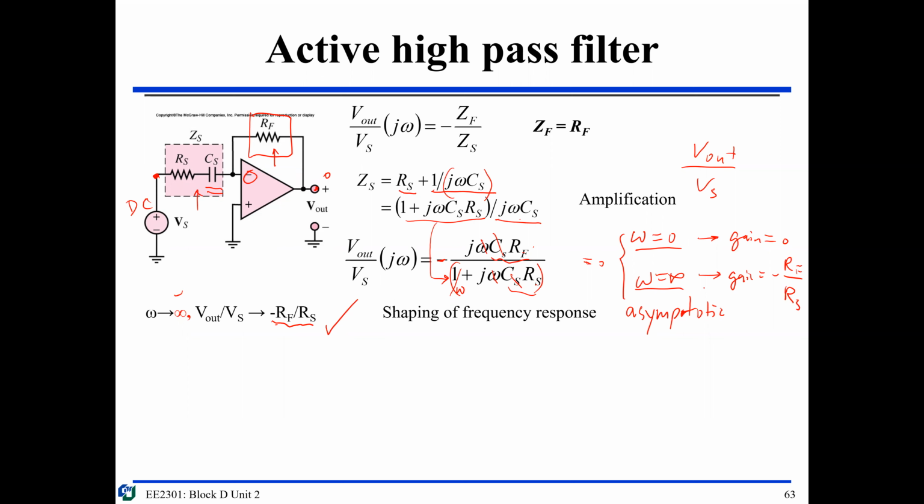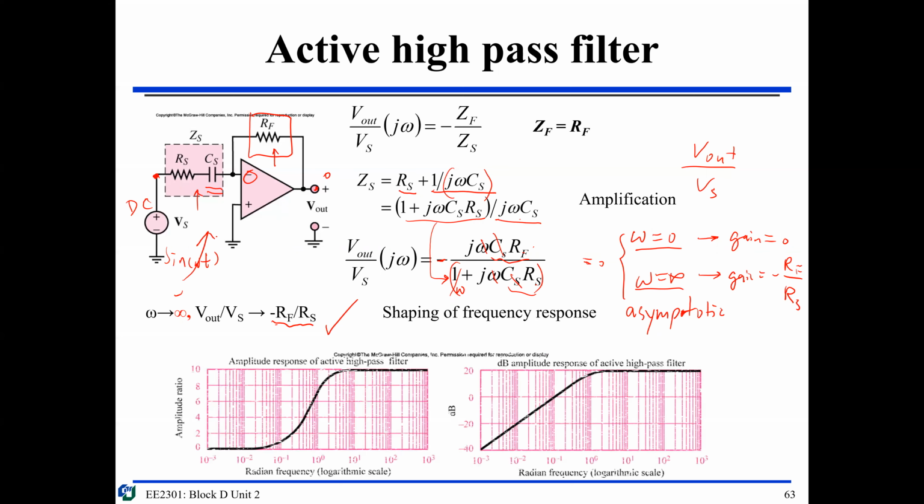In between, suppose this is sine omega t, and you change the omega. Then we are going to see something like this. You can see that this is log, and this is also log.